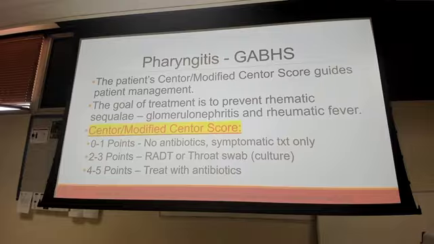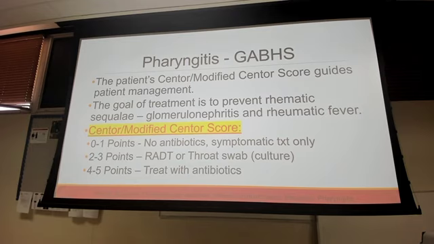But think about bacteria getting into the bloodstream, affecting organs that filter blood, that bacteria attaching to those organs, that kidney, that heart, and then essentially it can lead to either severe illness or death. So that's why we care. The goal of treatment is to prevent that rheumatic sequela.